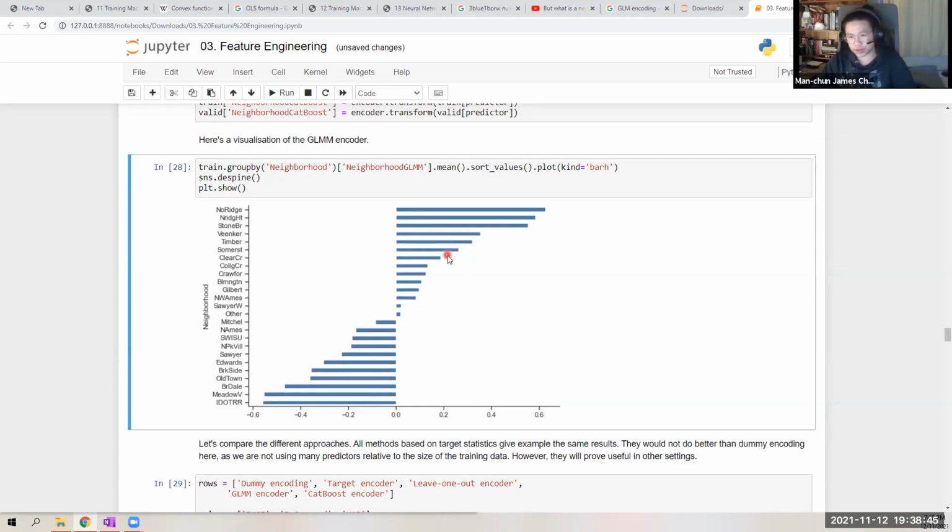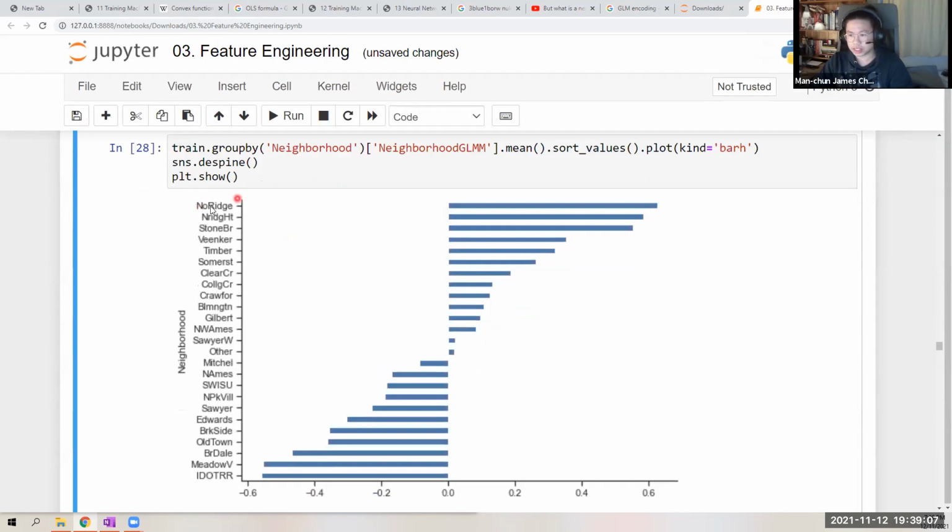What this is saying, just ignore this code for a second, is that the encoding for NoRidge is a value of 0.7, NridgHt has a value of 0.6, IDOTRR has a value of negative 0.56, something like that.